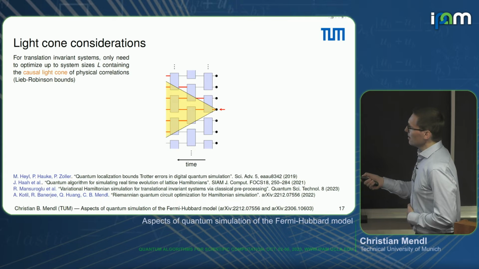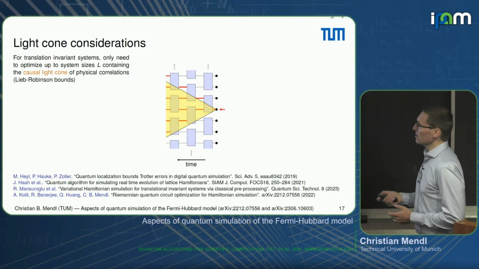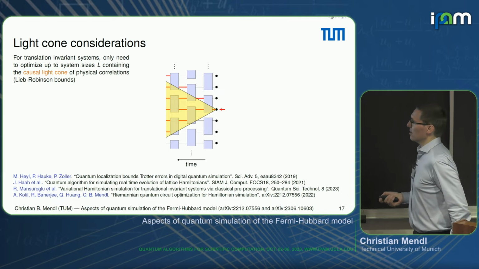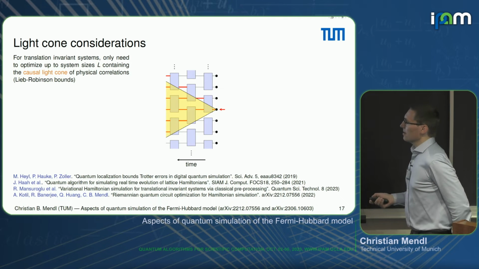So for example, this qubit here can never directly talk to this qubit up here at this time point due to the brick wall structure, because they're not causally connected in the brick wall layout.